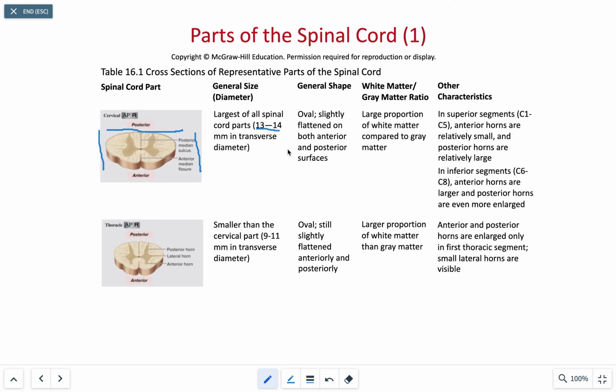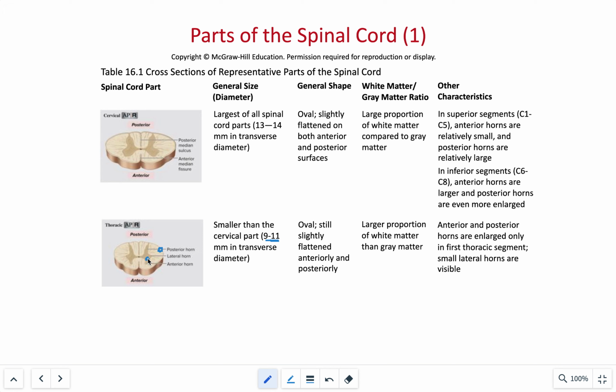It has a larger portion of white matter compared to the gray matter, so you can see the relative size difference. When we go down into the thoracic plexus, you can see as it tapers, we go from 13 to 14 millimeters to 9 to 11. We also see that, again, the white matter has a higher proportion than the gray matter.